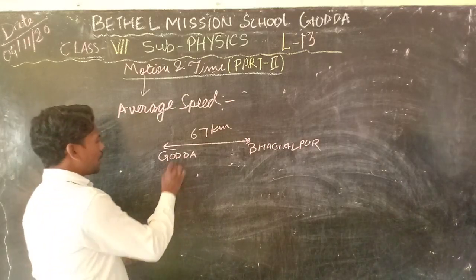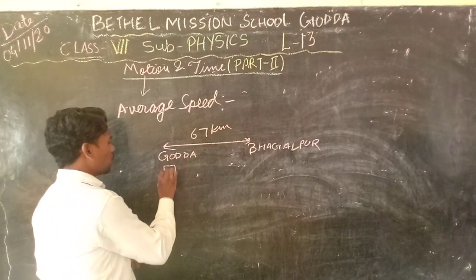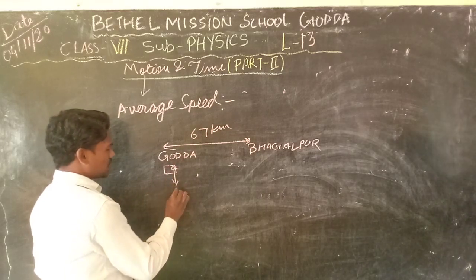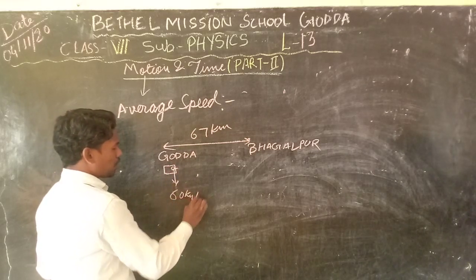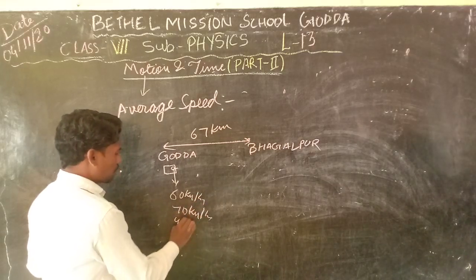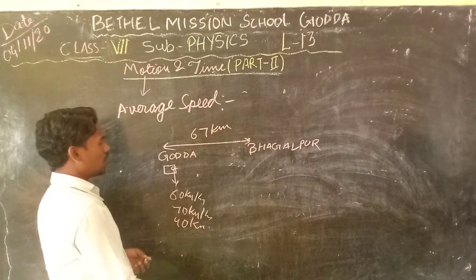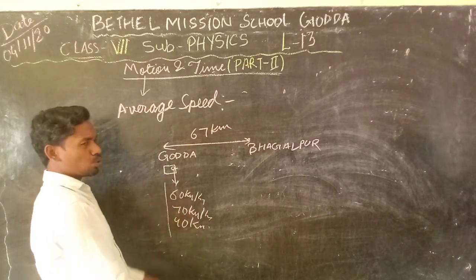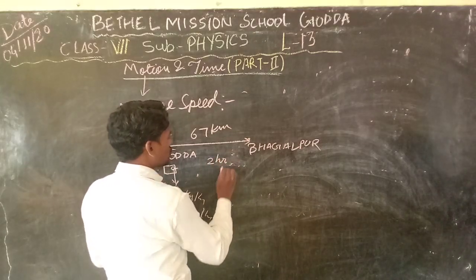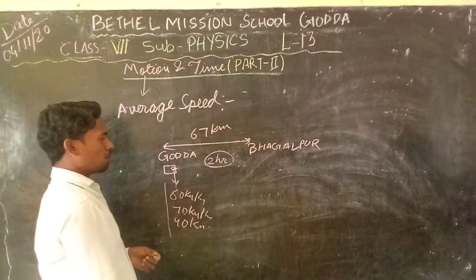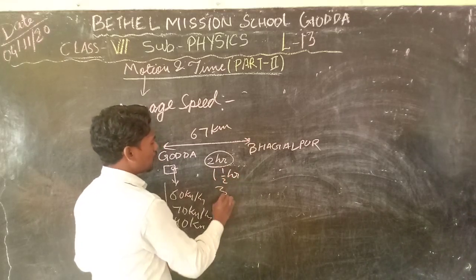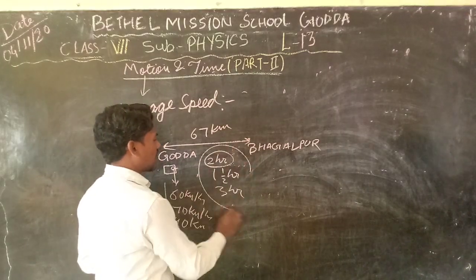But when you travel by the bus, if you see the speedometer of the bus, it reads 60 kilometers per hour, sometimes 70 kilometers per hour, sometimes 40 kilometers per hour. And with this speed, it takes almost 2 hours to reach Bhagalpur. Sometimes maybe 1.5 hours and sometimes 3 hours also. This time is different.